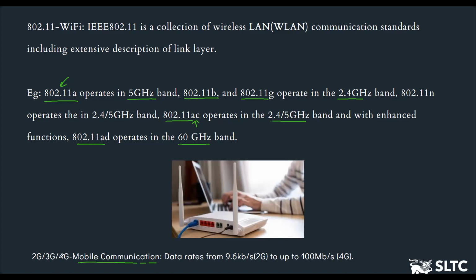In all these standards, they have defined different protocols that should be followed in establishing communication and transmitting data. We can have data rates from 9.6 kilobits up to 100 megabits per second using cellular communication technology.